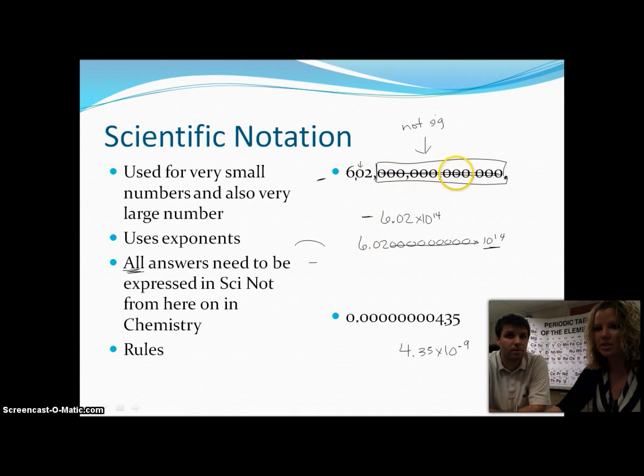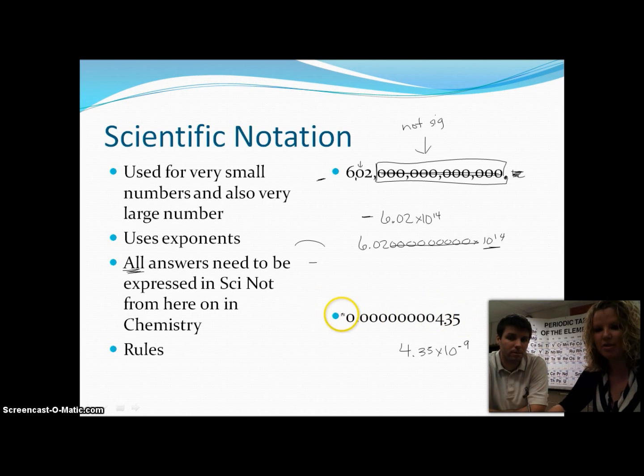Now, if there was a number after the decimal, if there was a 12 here, 0.12, then these zeros would be significant. But there isn't. So these are just placeholders, so we use scientific notation to get placeholders out of the way. Same with these. None of these zeros are significant because they're just holding the place of this 435.